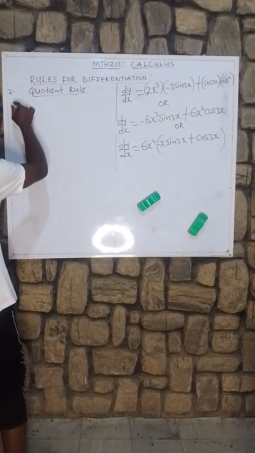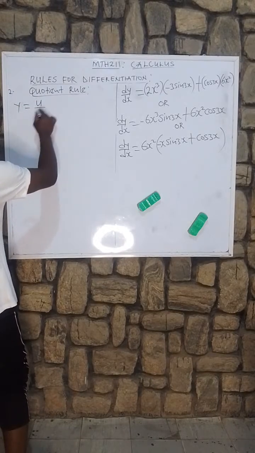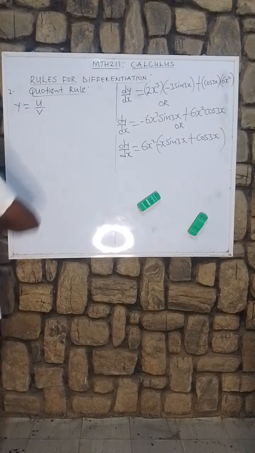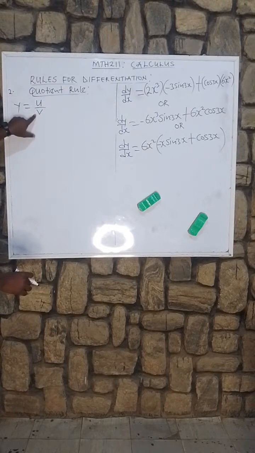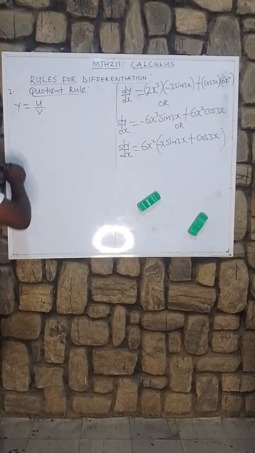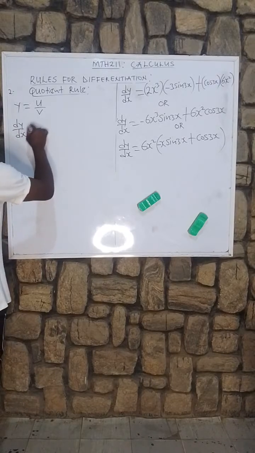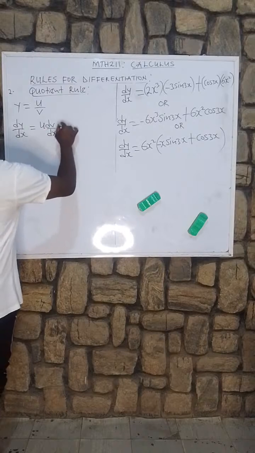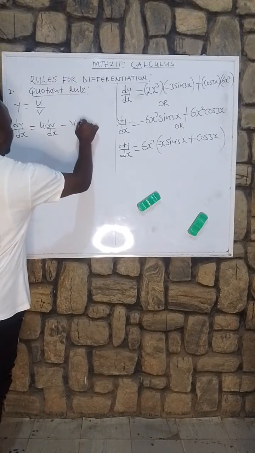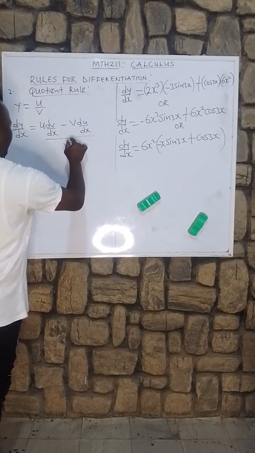Quotient rule is of this form: y equals u all over v. You can now see that this function is dividing this function. Then the formula for quotient rule is dy over dx equals u dv over dx minus v du over dx, all over v squared.